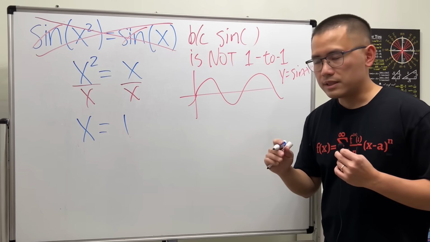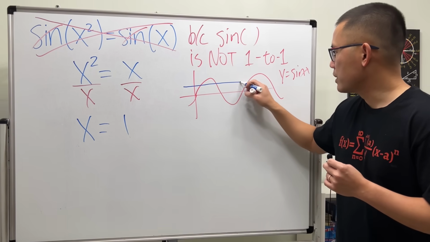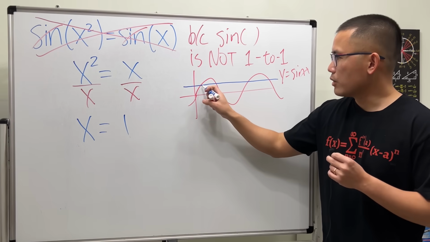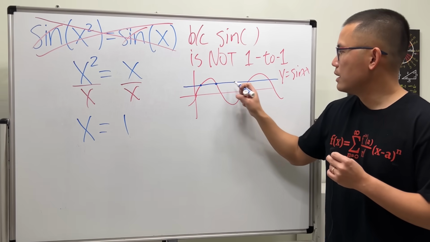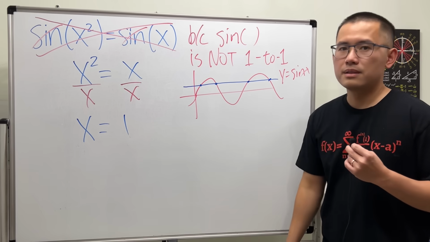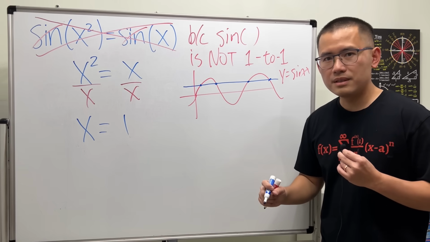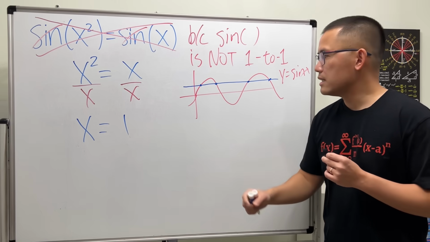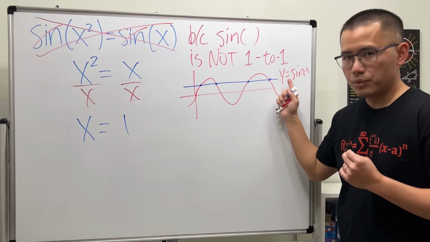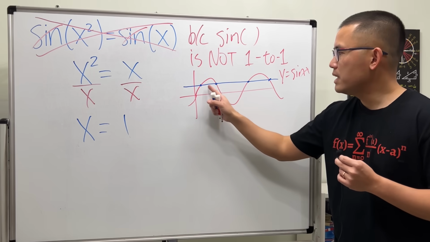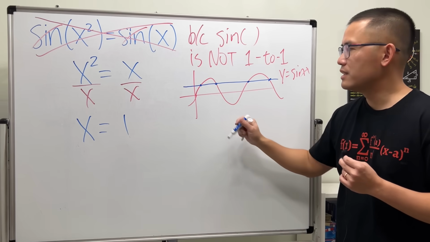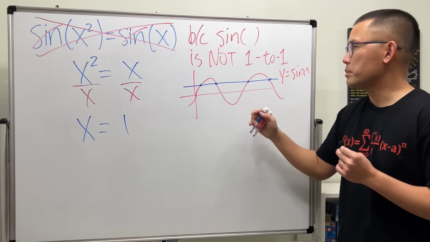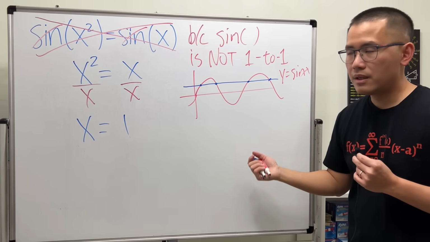If you draw a horizontal line, let's say somewhere right here, you can see that the horizontal line crosses the graph more than one time. In fact, infinitely many times. So the idea is that when we have one y value, it will come from many different x values. And that's what we mean by not a one-to-one function.